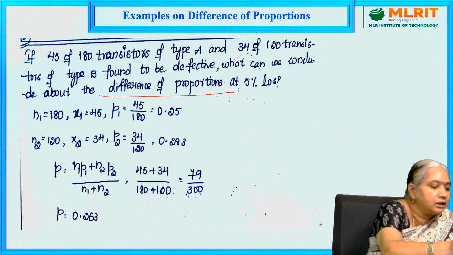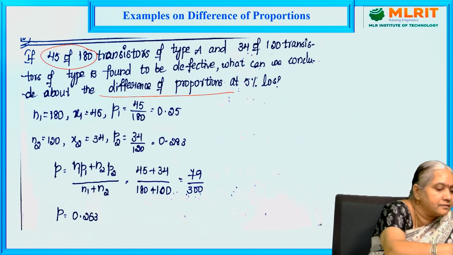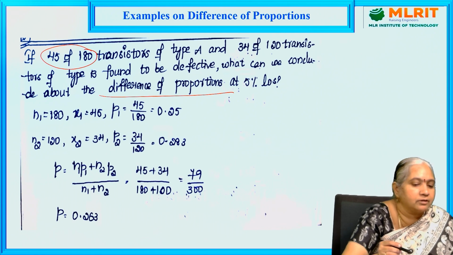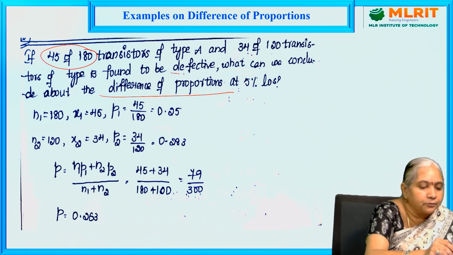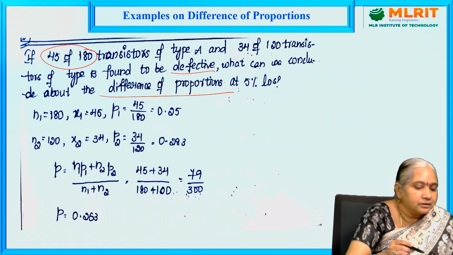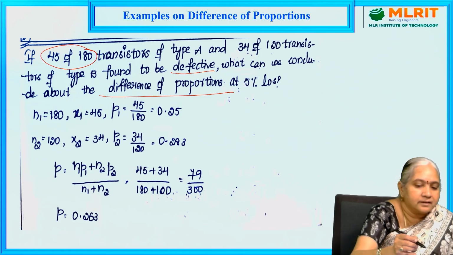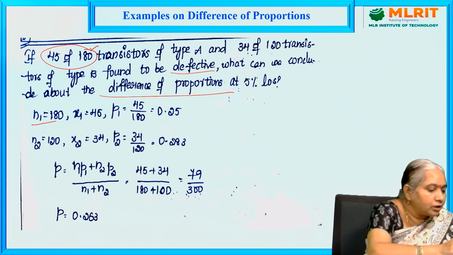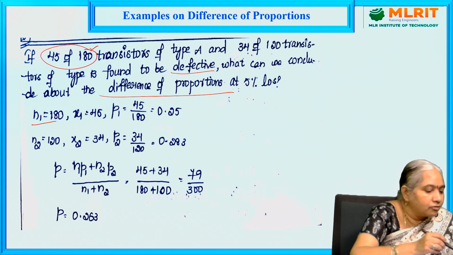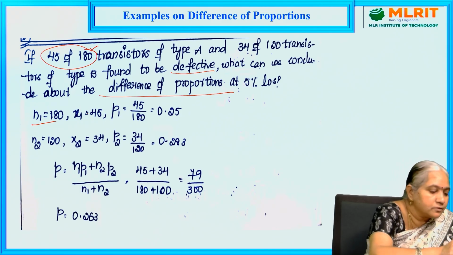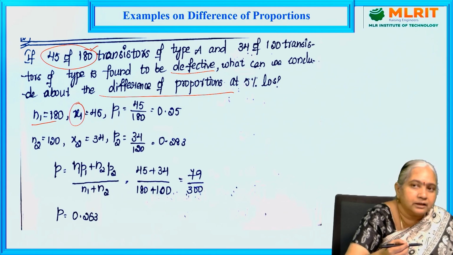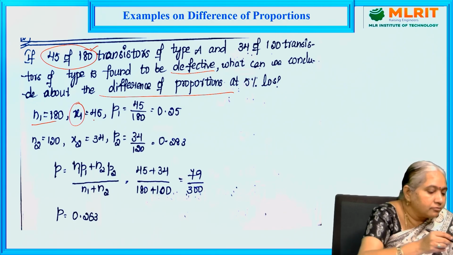Out of 180 transistors, 45 are defective. So the first sample size is N1 equal to 180, and the number of defective transistors is X1, which is 45.